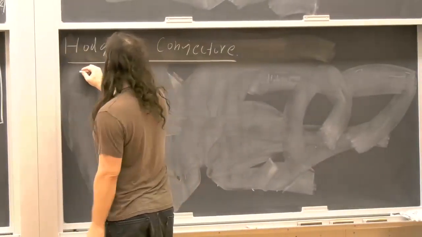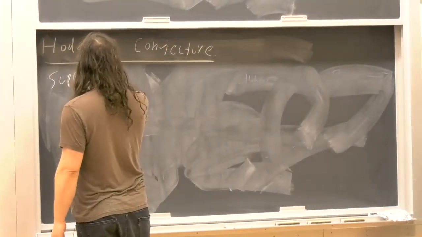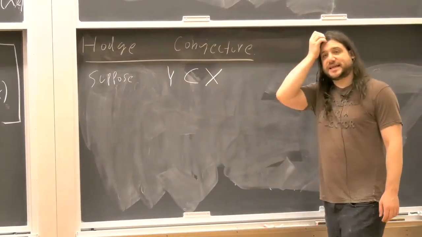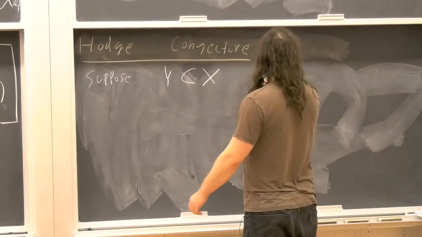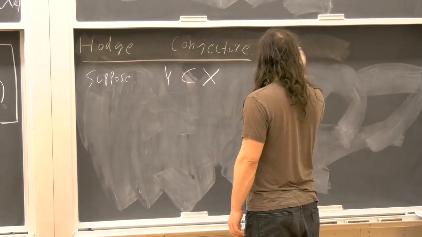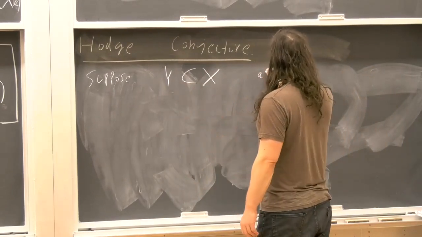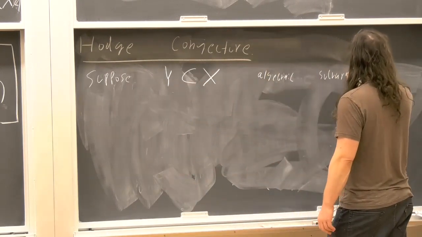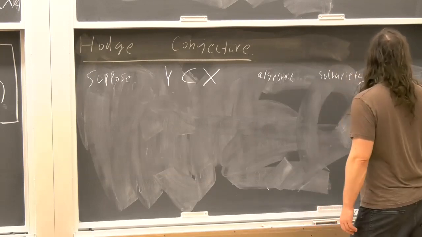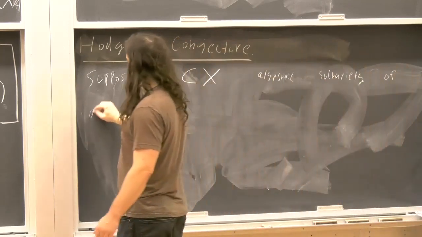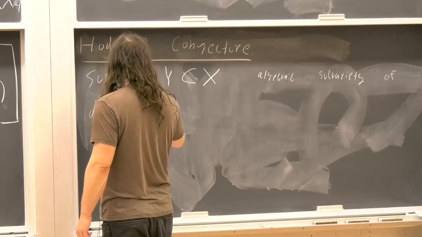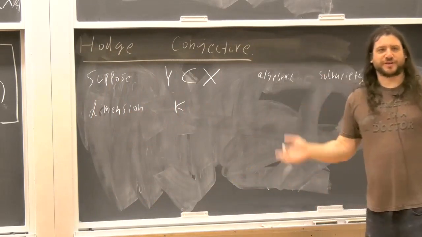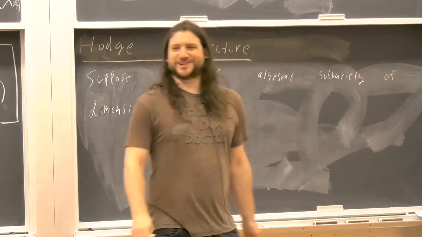Now, suppose we're in that situation up there, and suppose we have inside X this Y, which is an algebraic subvariety of some dimension K. This is not a rare thing. Varieties have many subvarieties. Just do it locally, close it up.